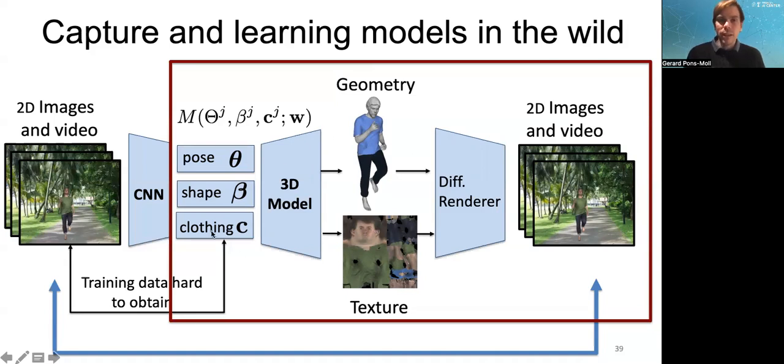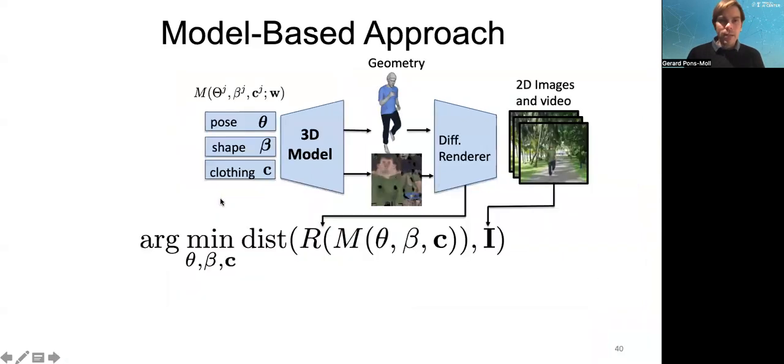What people have been doing classically is to optimize these latent parameters, pose, shape, and whatever latent parameters you have, parameters for clothing. We will see how to get those. Then you could optimize those latent parameters in order to explain the image evidence.